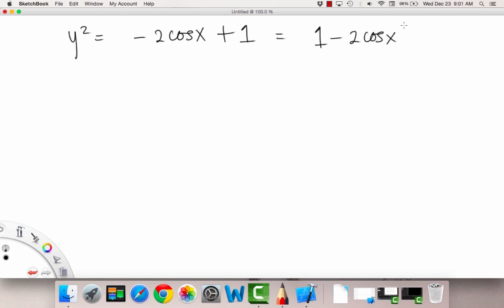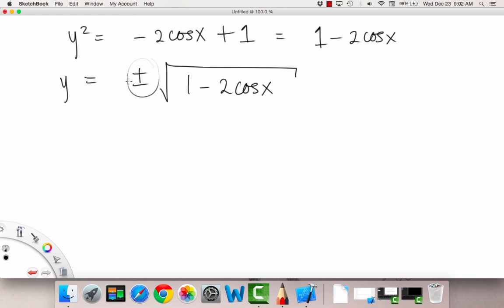That looks nicer. And then we're just going to square root both sides. So we get y by itself is equal to plus or minus the square root of 1 minus 2 cosine x. In order to determine which one we need, remember we can't have this sign ambiguity here, so we're going to use our initial condition, which was y of pi over 2 is equal to a positive 1.